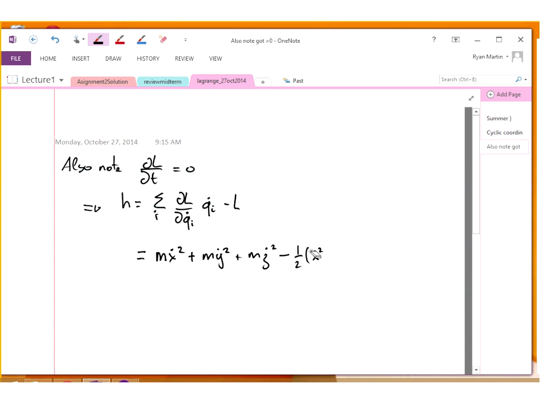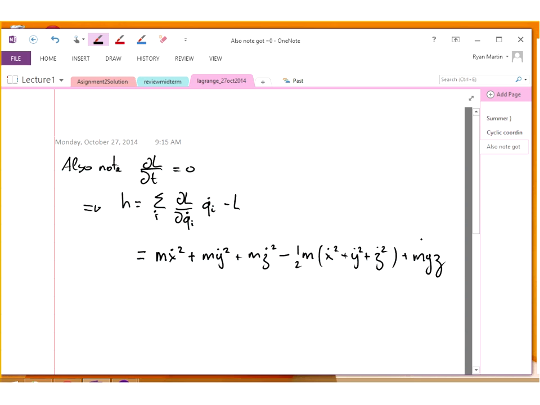Now minus the Lagrangian, so minus a half, oops, sorry, there's an m in there, minus a half times m times (x dot squared plus y dot squared plus z dot squared) plus mgz.